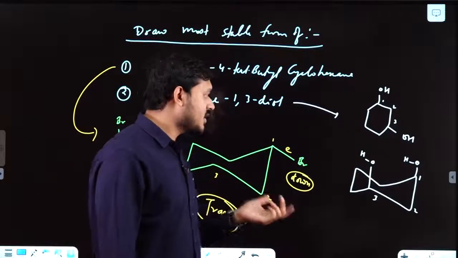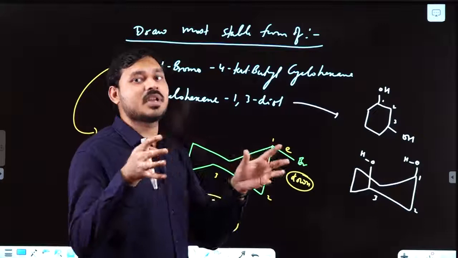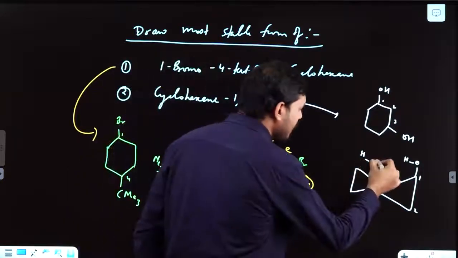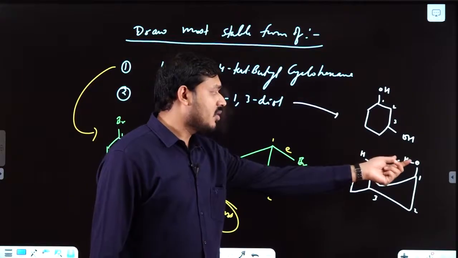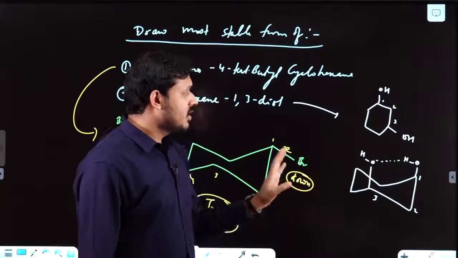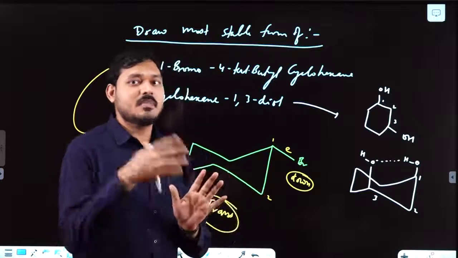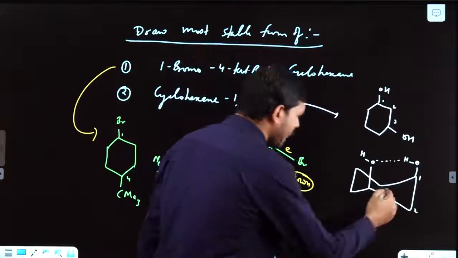But when there are such cases where both the groups are having attractive forces for each other, just like here you can say this oxygen can make hydrogen bonding with another hydrogen of OH. So in such cases, it is not diaxial repulsion, rather it is diaxial attraction.